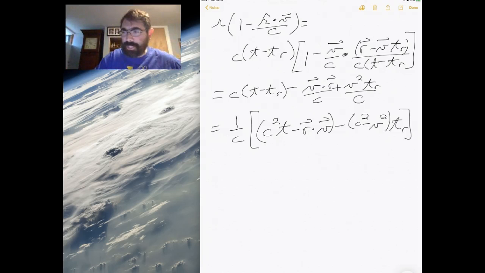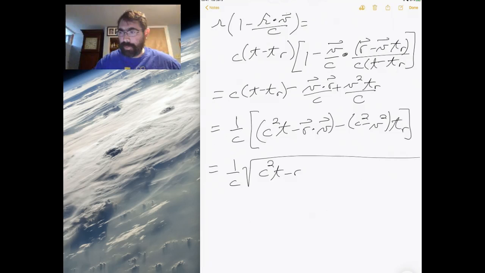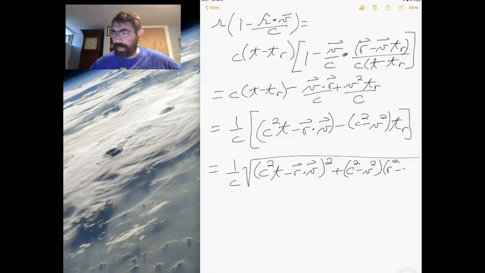And in the end, what you should get is 1 over c, the square root of c squared t minus R dot v squared plus c squared minus v squared times R squared minus c squared t squared.